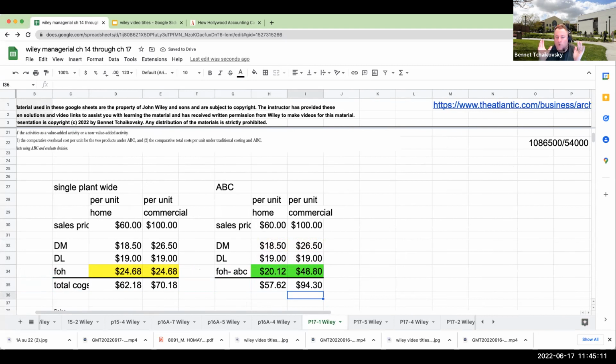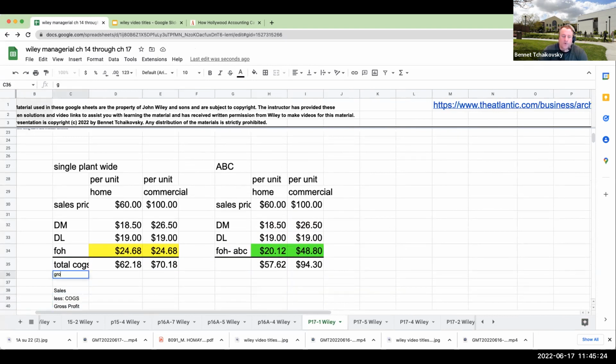I thought that by using the single plant-wide rate, which is just one cost driver, my commercial, and again, I just made up these sales prices, so my gross profit per unit here is going to be 60 less 62.18. This is going to be 100 minus 70.18.